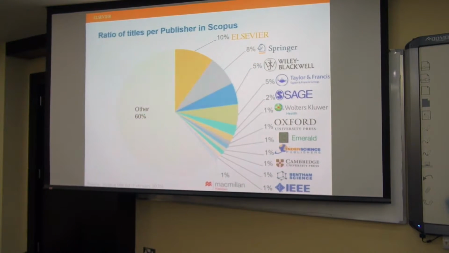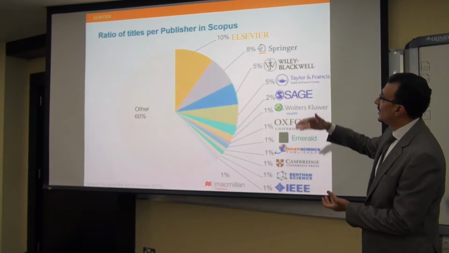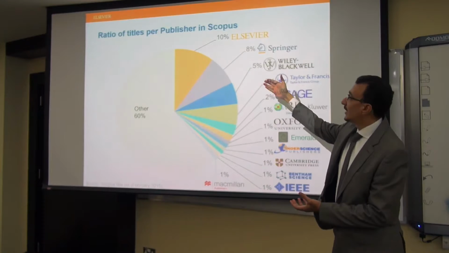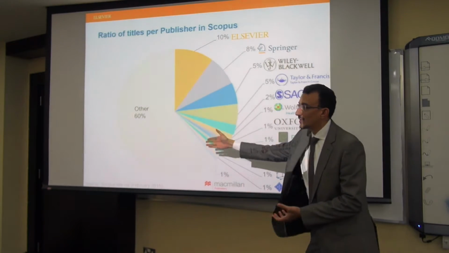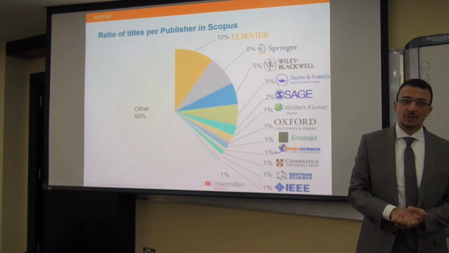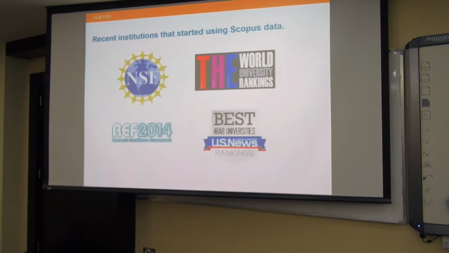As I was saying, the material is from 5,000 publishers, only 10% Elsevier, and then those are the big publishers, and 60% from other publishers. So we are trying to cover the whole world and material from different publishers, but definitely there is a quality policy for Scopus.